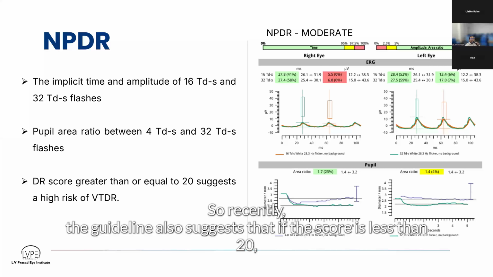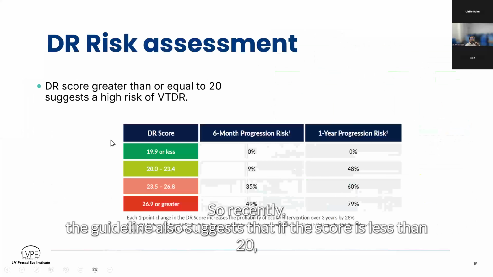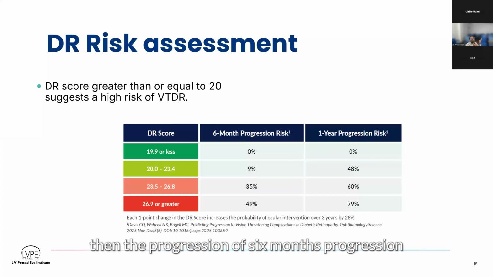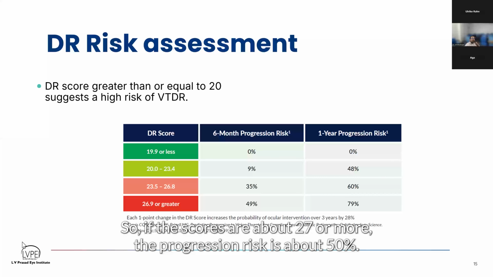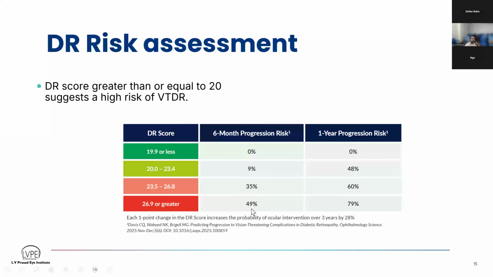Recently, the guideline also suggests that if the score is less than 20, then the 6-month progression and 1-year progression are shown here. If the scores are 27 or more, the progression risk is about 50%, progression to VTDR.